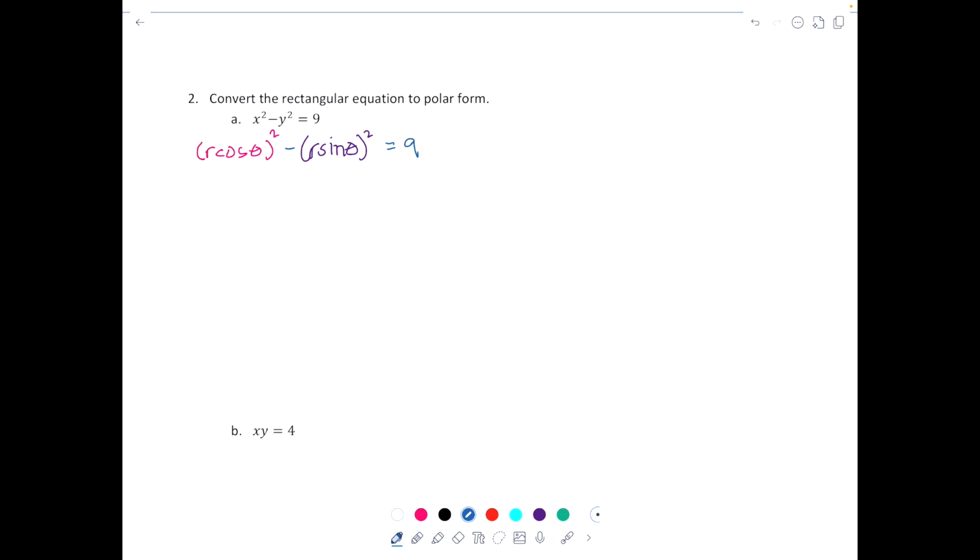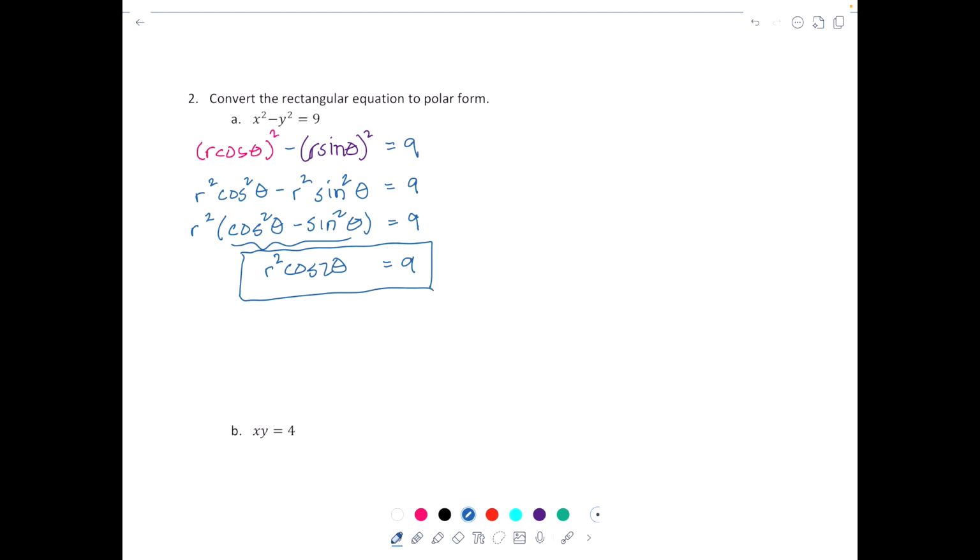So we'll get r squared times cosine squared theta minus r squared times sine squared theta is equal to 9. Factoring out an r squared, we'll have cosine squared theta minus sine squared theta is equal to 9. And that's a double angle identity in here. So we'll have r squared times cosine 2 theta is equal to 9. And we're done.